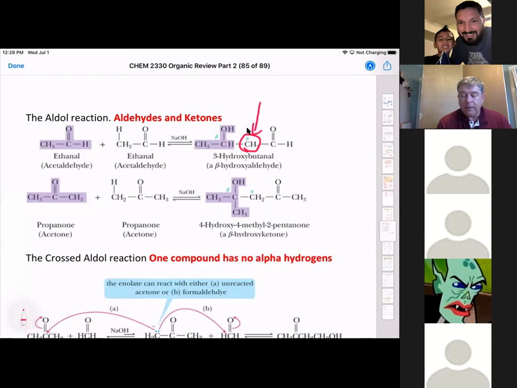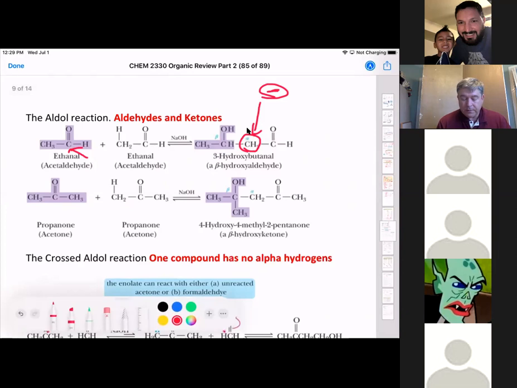Our nucleophile was made, our negative charge was on this alpha carbon. So it's attacking the carbonyl of the aldehyde, yielding our alcohol on our new beta carbon. Remember, in this reaction, the bond we just created is this one right here. The sigma bond we created is the one right here.